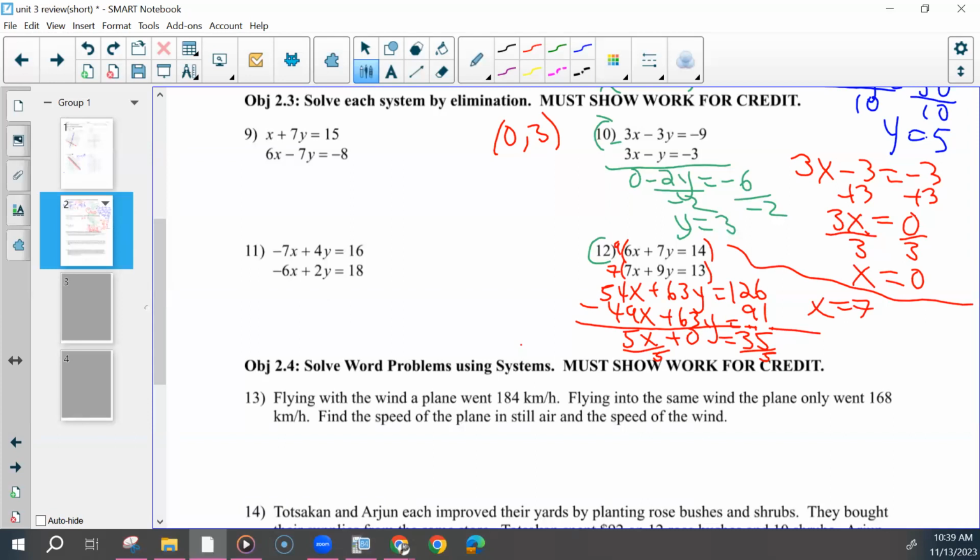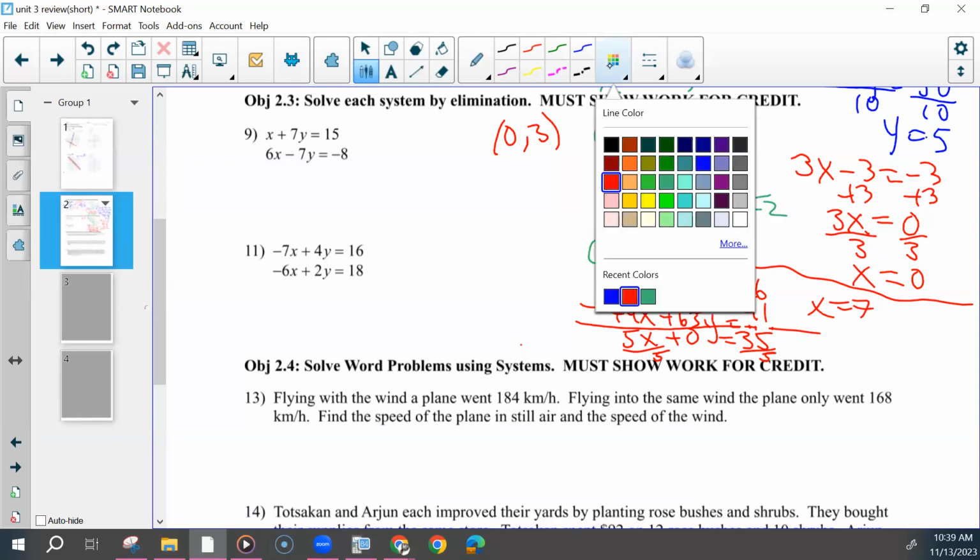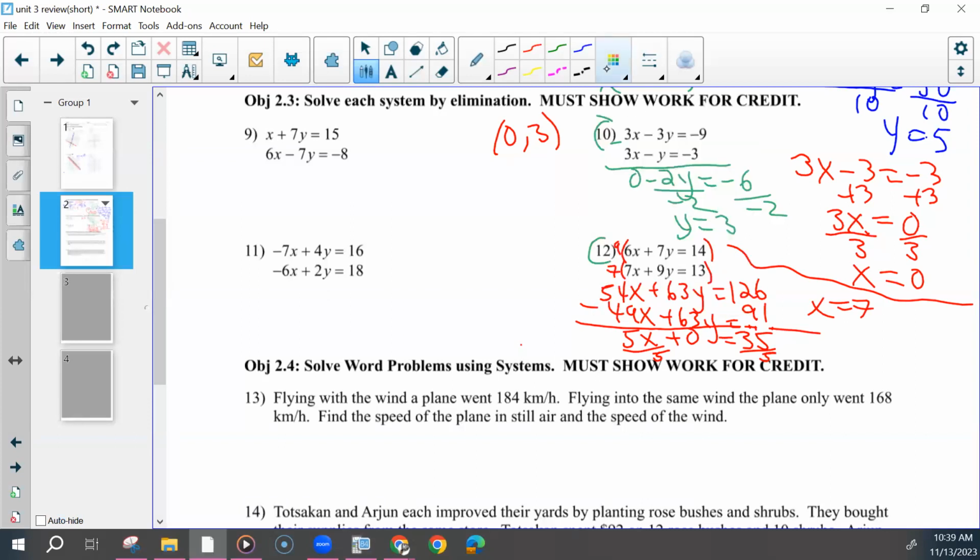Then you have choices. You have 4 choices to plug your x back into any of these equations to find your y value. Let's say I put it back into the first one. So this would give me 42 plus 7y equals 14.